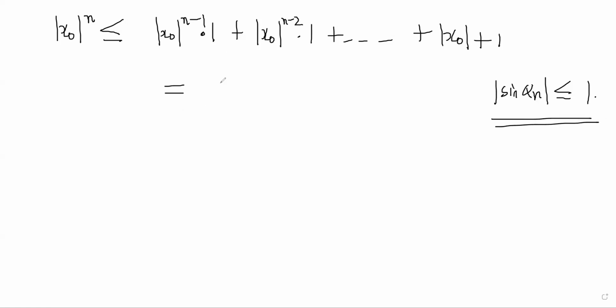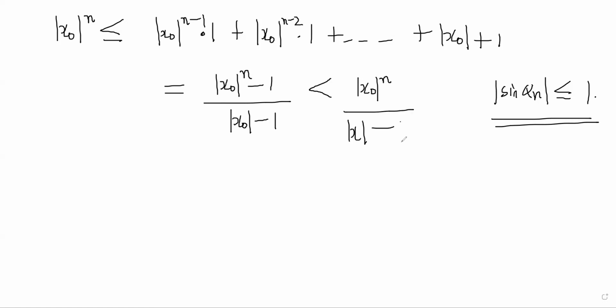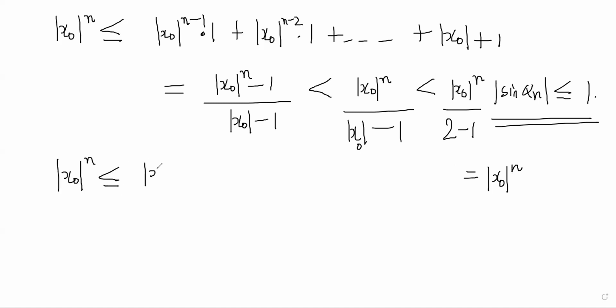Now this is a simple GP whose sum is mod of x naught power n minus 1 by mod of x naught minus 1, and that is clearly less than mod of x naught power n by mod of x naught minus 1, right? So that is less than or equal to mod of x naught power n by 2 minus 1, since mod of x naught is at least 2, which is equal to mod of x naught power n. So we are getting this series of inequalities.